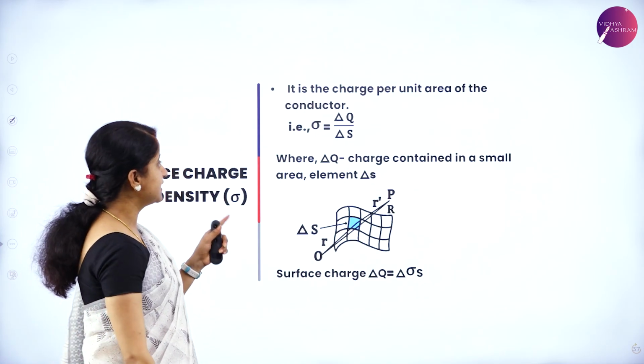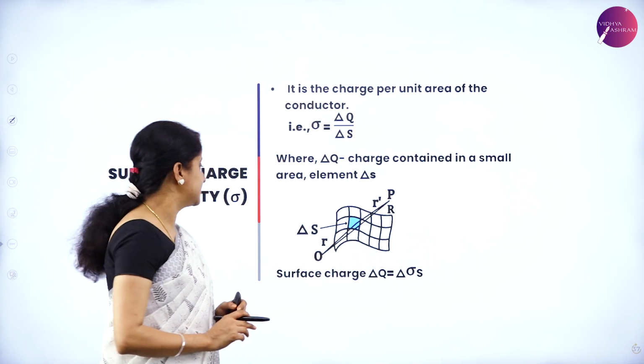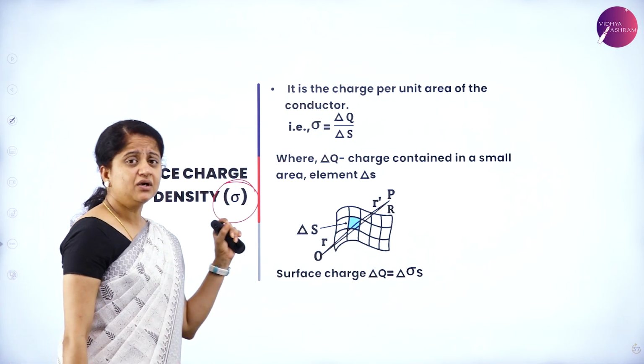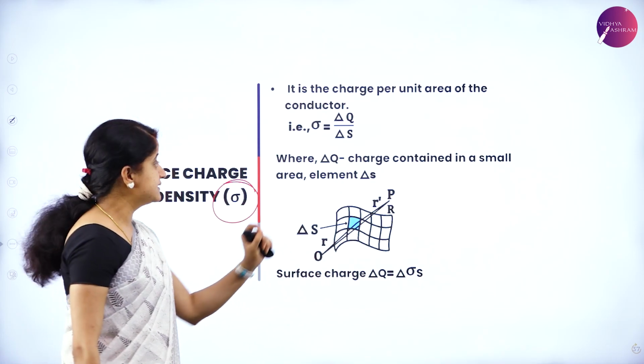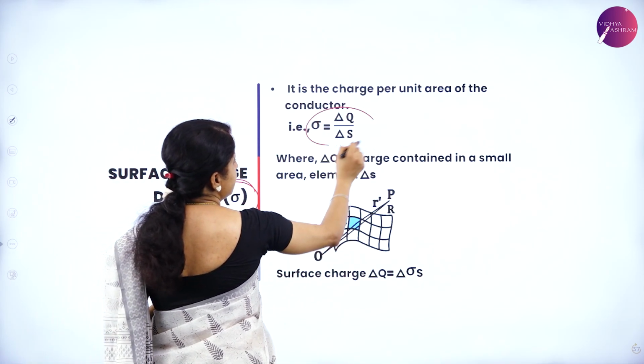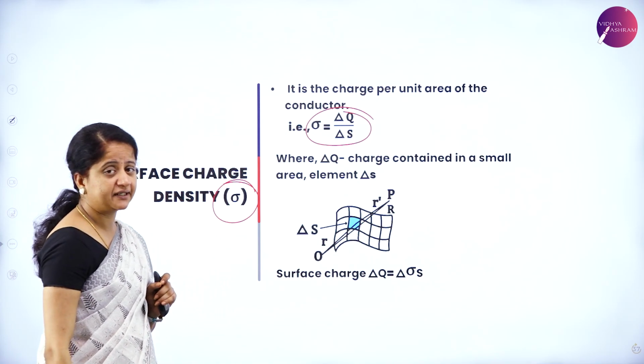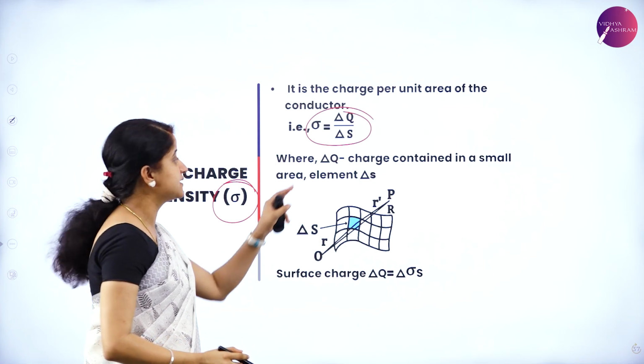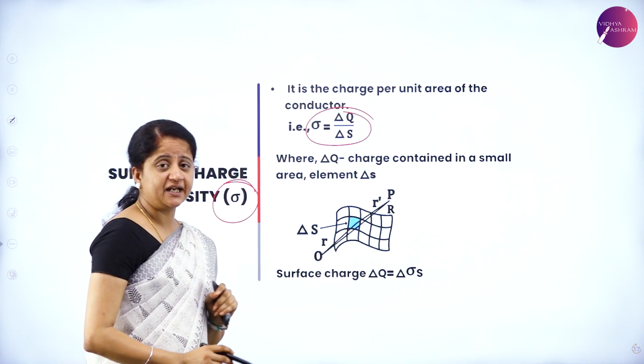And we have the next type, that is the surface charge density, and surface charge density is denoted by sigma. So what is surface charge density? It is nothing but the charge per unit area of the conductor, that is sigma is equal to delta Q divided by delta S. What is delta Q? Charge contained where?